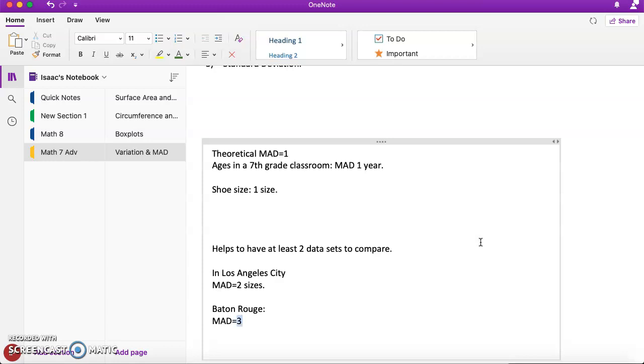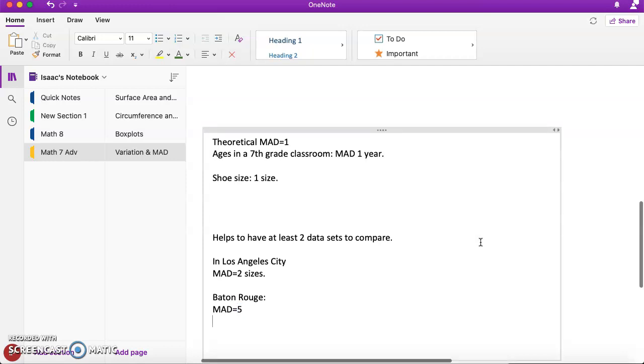One size difference for my mean absolute deviation, that's definitely noticeable, but it's not huge. Now let's change it. Let's say they had a mean absolute deviation of 5. Well, that means one of a few things might be happening. One, maybe I need more data, because their mean absolute deviation is way bigger. They've got more than twice as much variance as my data does.